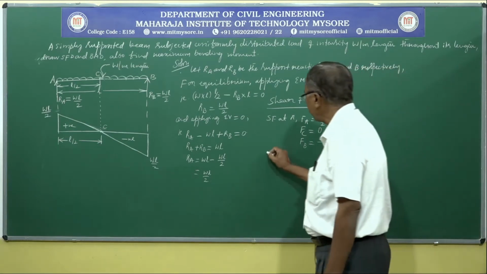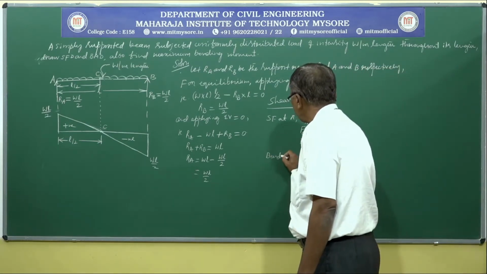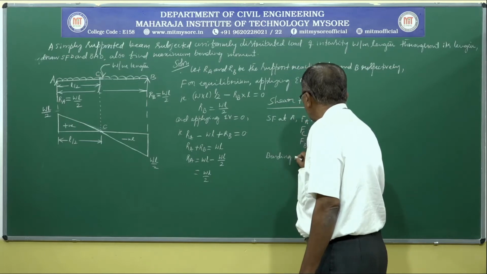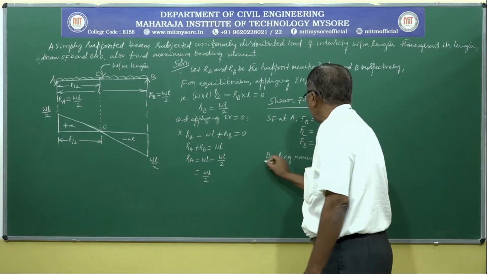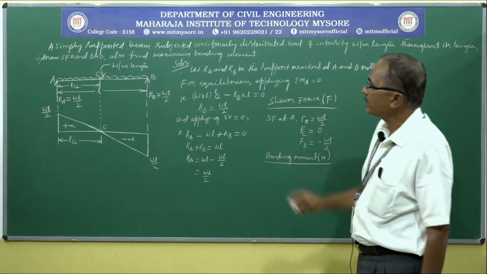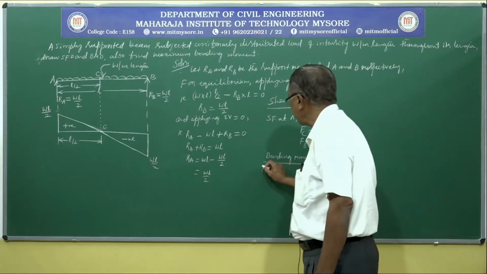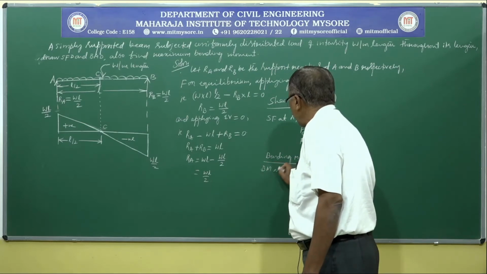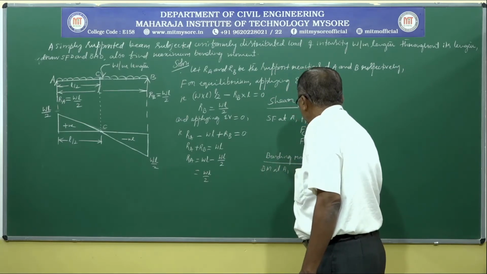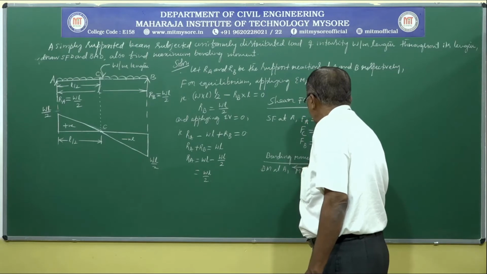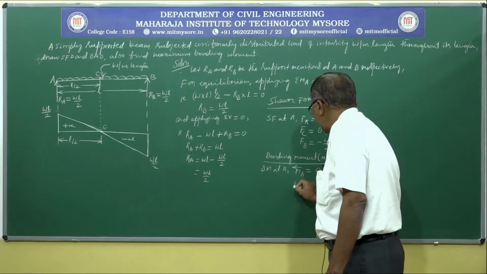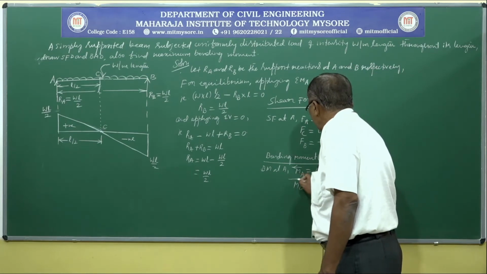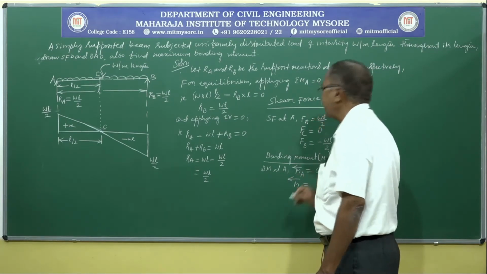Now take bending moment. As usual, bending moment at point A, MA, by considering the left hand side, no forces, no bending moment. Next, bending moment at C, MC, by considering the left hand side.